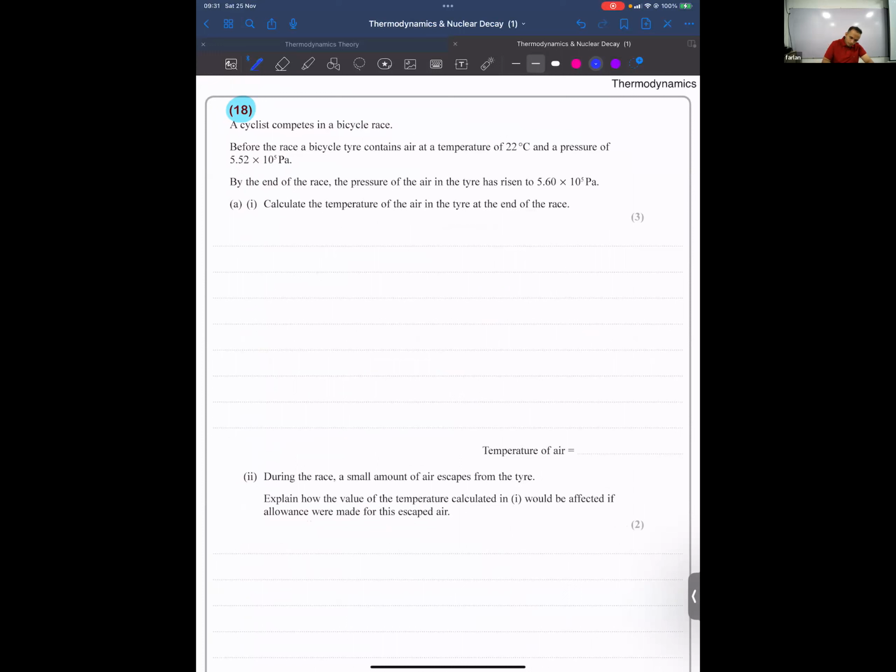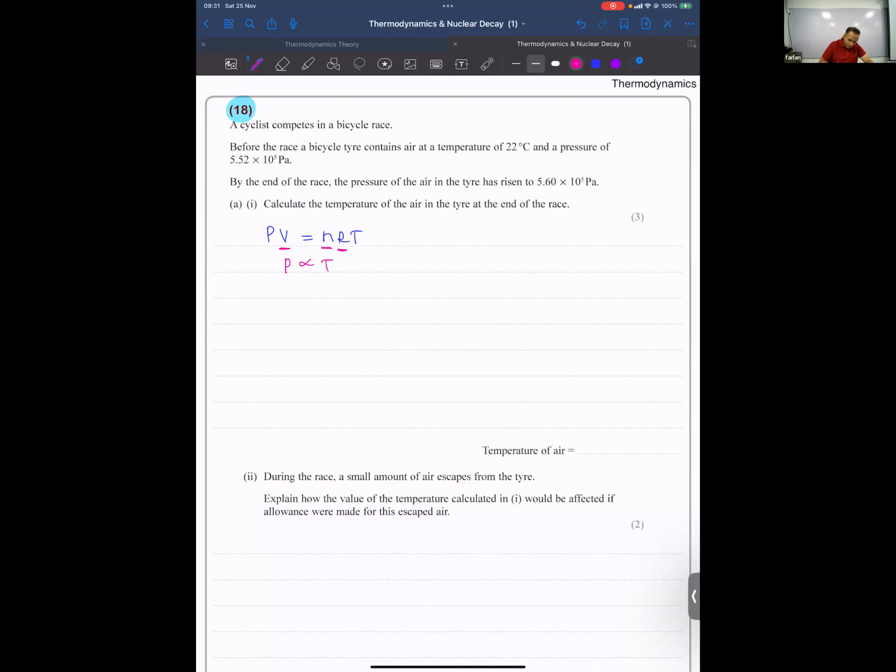Now, PV equals nRT. Correct. So the volume of the tire will remain the same. Number of moles or the number of molecules in the tire will remain the same. R is anyway a constant. So P is directly proportional to T. Am I right?